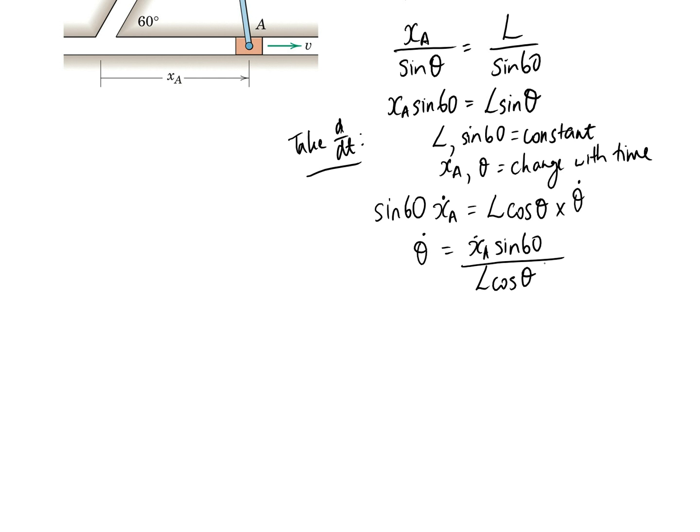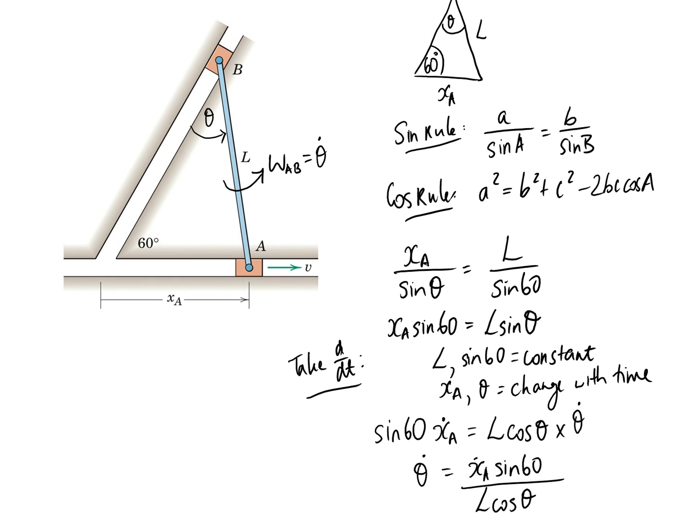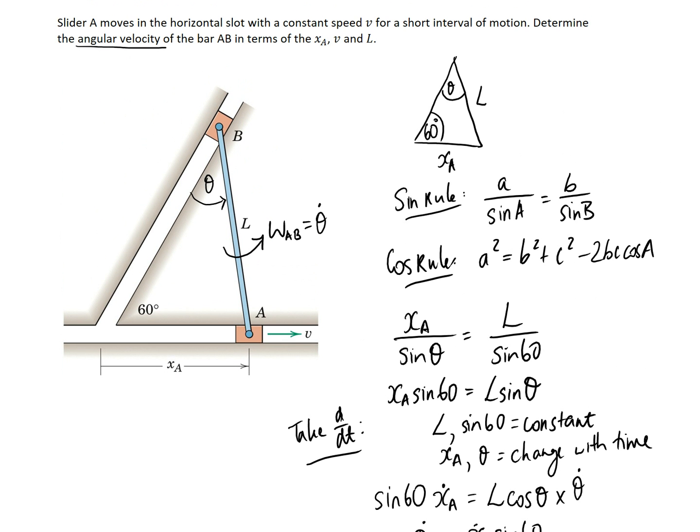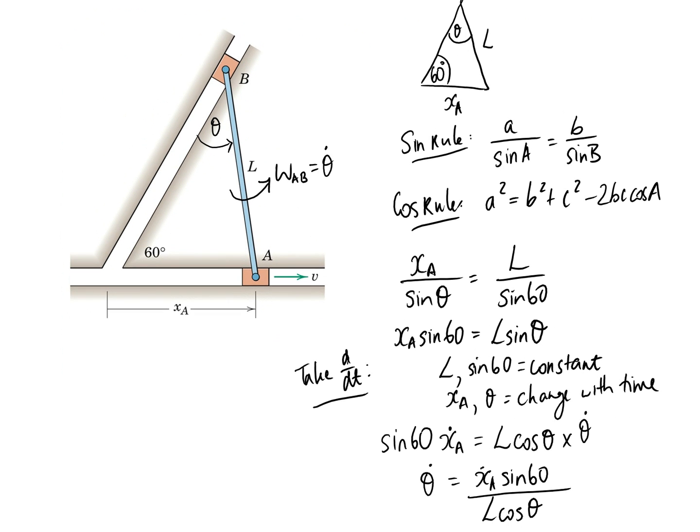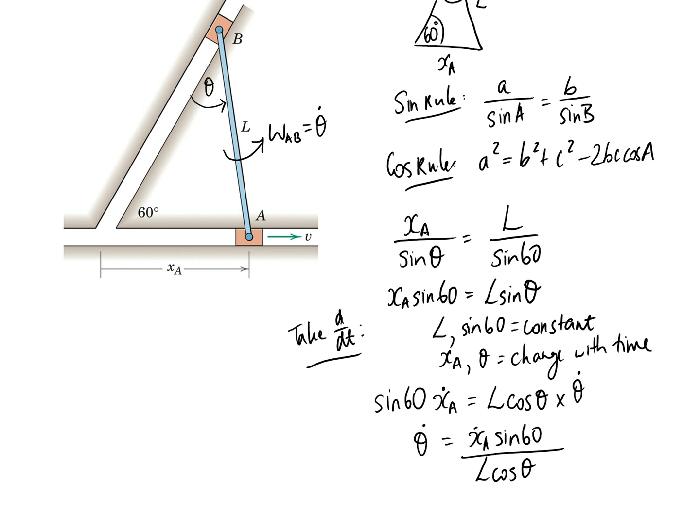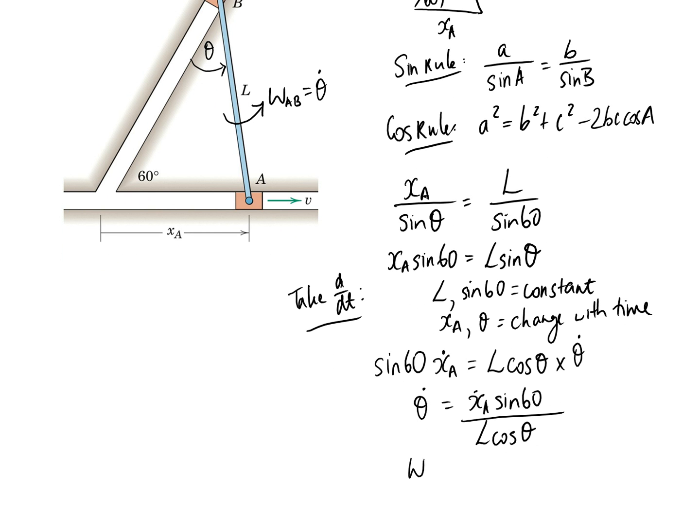that becomes our equation. The only thing we have left to do is double check that we're using only the things that are known inside this equation. Scrolling back up, the ones that we're allowed to use are XA, V, and L. So at the moment, what I can do is replace a couple of things. This becomes omega AB, the thing we're looking for.